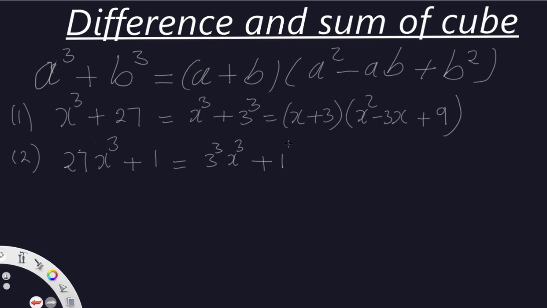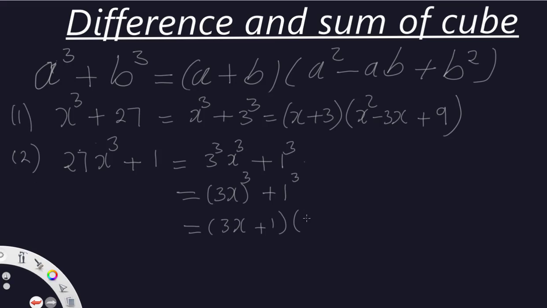Then plus 1, we can make 1 to the exponent 3 like that, okay? Therefore, we can move these two: 3 times x, all exponent 3, plus 1, which is 1 cube, but it's still 1, okay? I just do it so you can understand that this represents your a cube, your b cube. Therefore, you have 3x plus 1, okay?